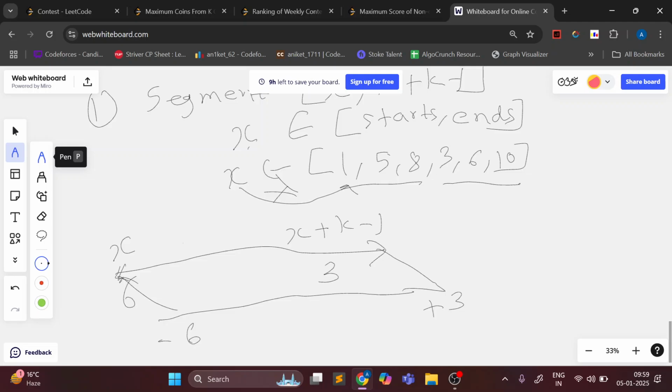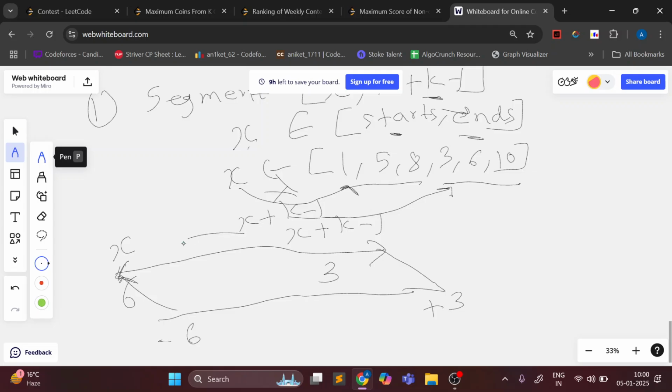Either x belongs to the starts, or x plus k minus 1 belongs to the ends of intervals. So either the start belongs to all the start indices, or its end belongs to all the ends of intervals. So for these two conditions, we just need to check the maximum score for these two configurations.